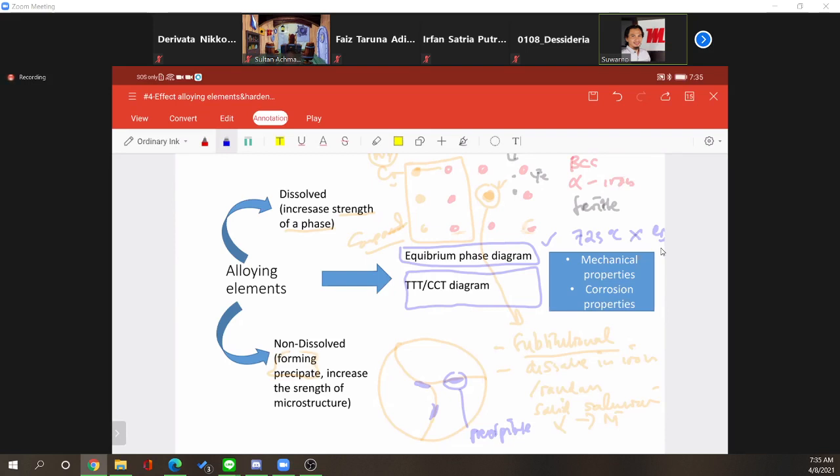So basically the TTT CCT diagram will be shifted to the right, which means that it is easier to make martensite in steel with alloying element. So increasing chromium will make it easier to form martensite.